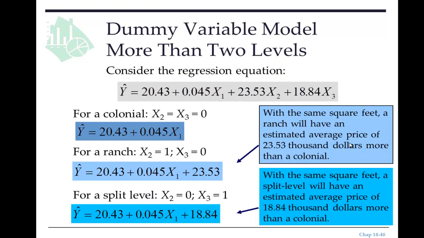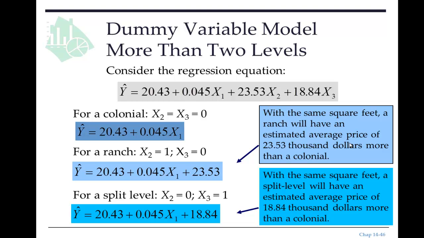Okay, suppose the result is given here. Then the coefficient 23.53 means with the same square feet, a ranch will have an estimated average price of $23,530 more than a colonial.